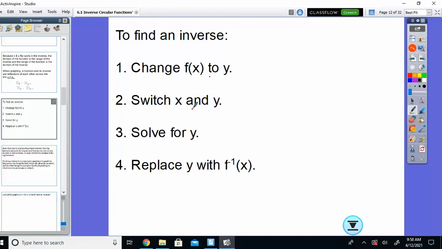Then we switch the x and the y values. Then we want to put it back in function notation, so we'll have to solve for your y. And final step, just to denote the inverse, instead of y, we put that f to the -1 of x. So those are the steps we went through in algebra every time we did the inverses.